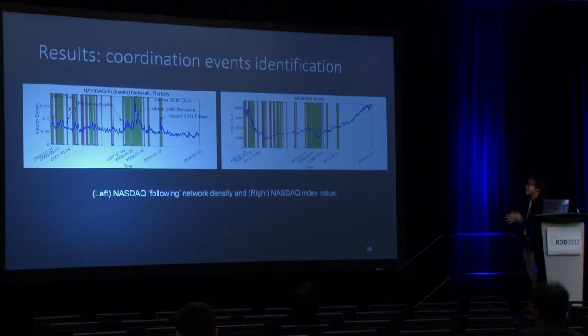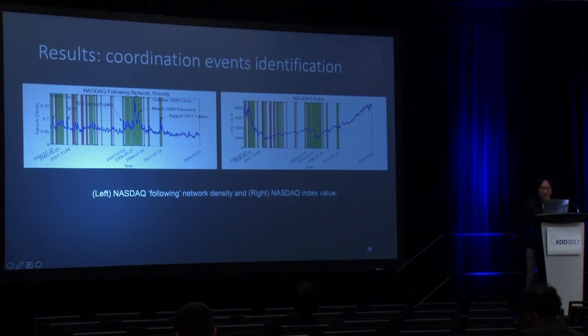Here's an interesting thing in another data set. We have the NASDAQ stock market price index on the right-hand side, and on the left-hand side is a time series of network density. Here, we can detect the important event. If we look at the event in 2007 to 2009 in this area, the entire stock market just fell because of the crisis.